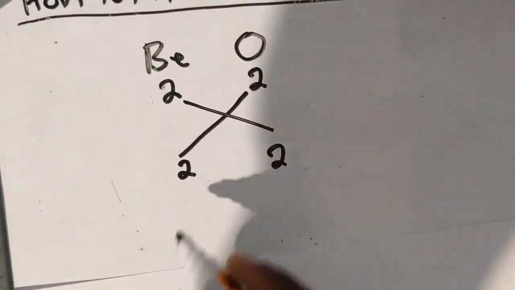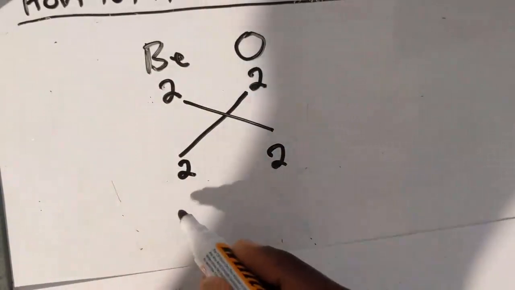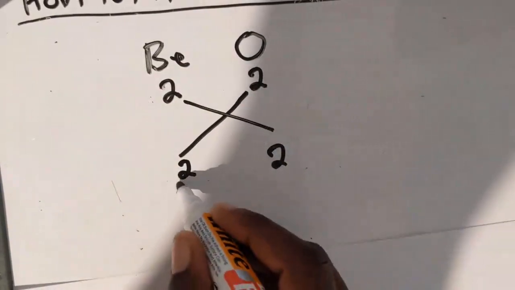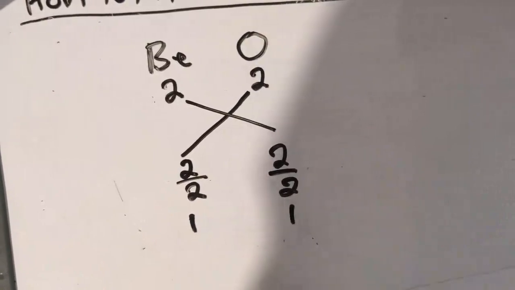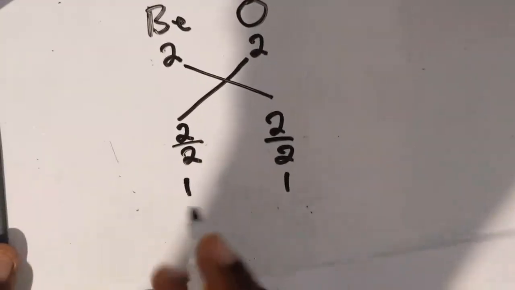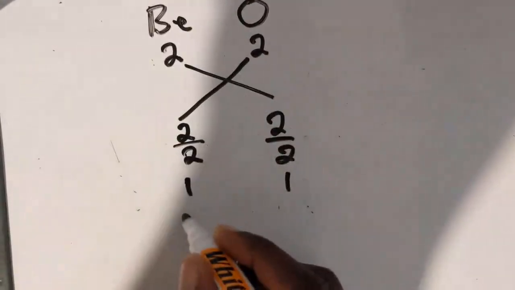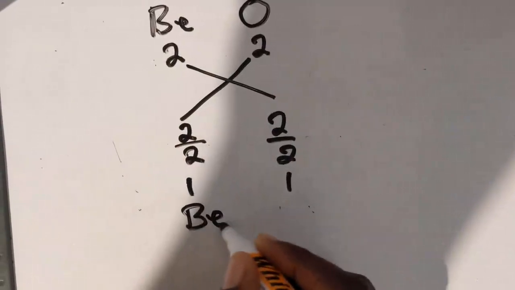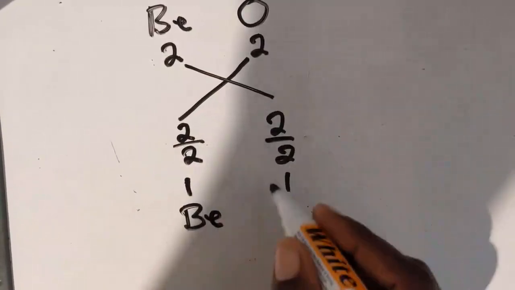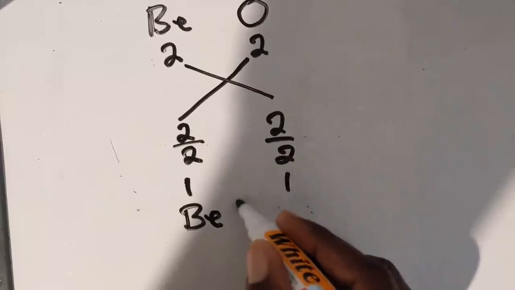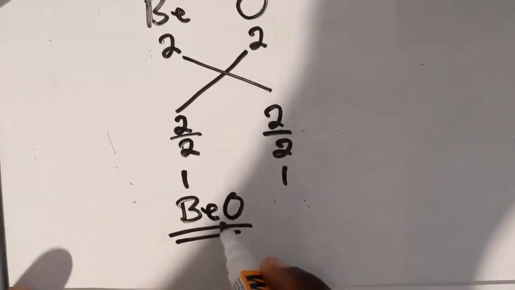The common factor is a number that can go in both numbers without leaving a remainder. That's 2. So 2 can go in this, 2 can go in that. Here it will be 1, here it will be 1. So you have 1 atom of beryllium and 1 atom of oxygen. So the chemical formula will be like this: beryllium oxide.